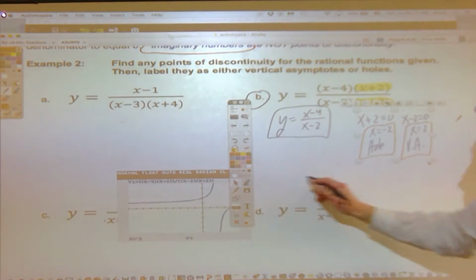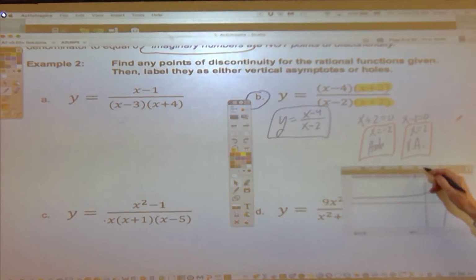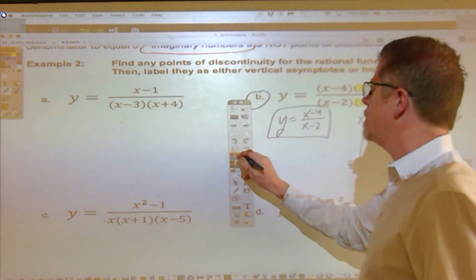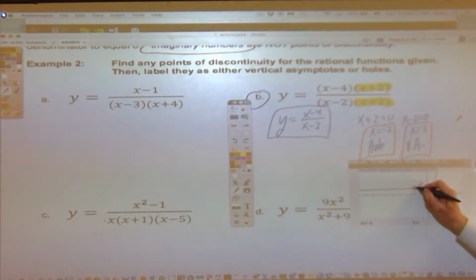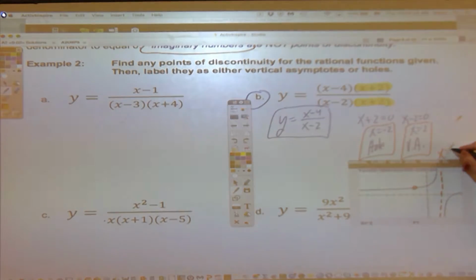This will be nice for the notes that I post online, just to be able to see it right here. There really is a hole in the graph when x equals -2. x equals -2 leaves a hole in the graph. And there really is a vertical asymptote at x equals +2, according to the graphing calculator.